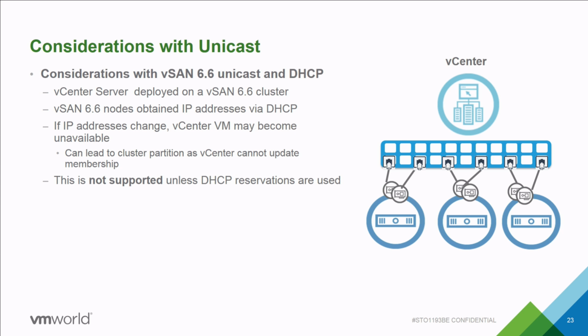DHCP. I would hope that most of you are using static IP addresses for vCenter, especially the vCenter that's managing your vSAN environment. However, there might be a situation where you are using DHCP for some reason. I strongly recommend that you don't do that, because it's not just for vCenter, it would also be for the VM kernel ports for vSAN.